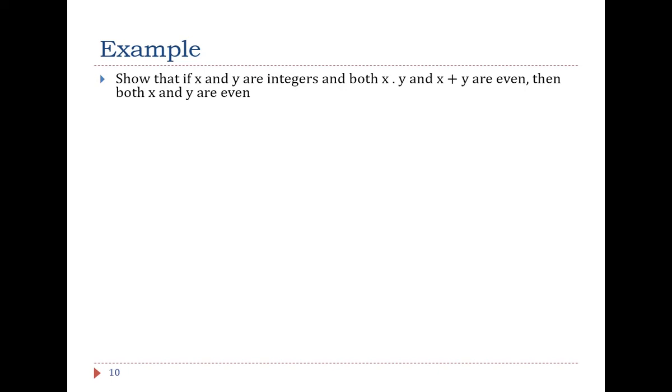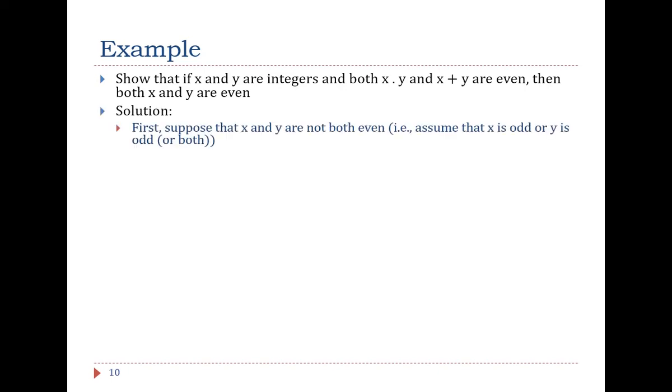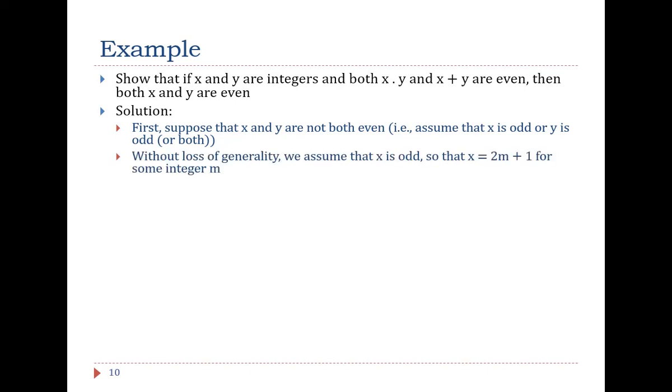Maybe you can do it with all the typical methods, but I think this example here is just to show you a quick hint about the use of without loss of generality. So suppose that x and y are not both even, so one of them is odd. Without loss of generality, we assume that x is odd, so that x is equal to 2m plus 1.